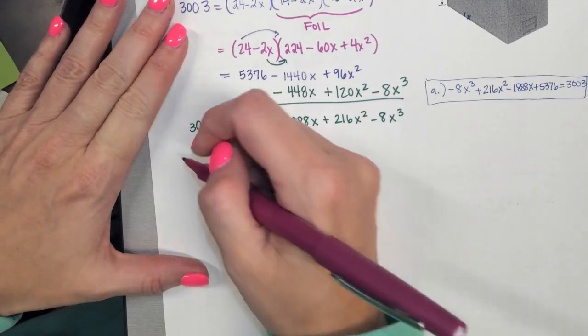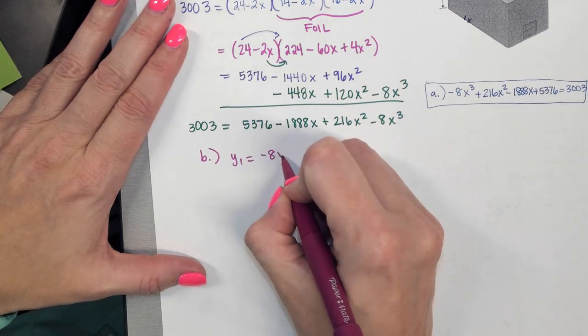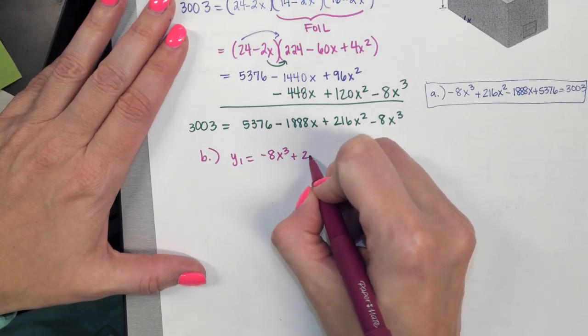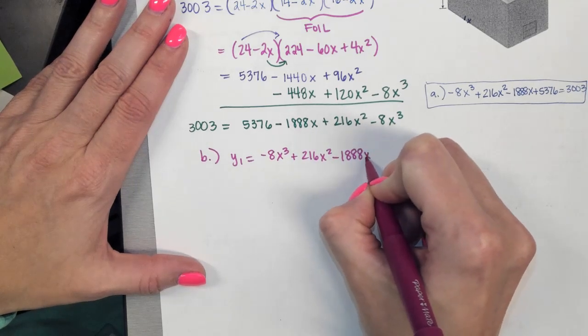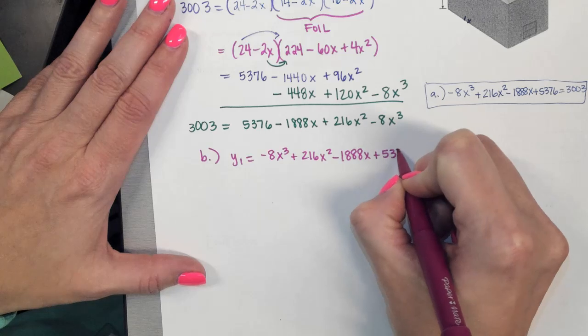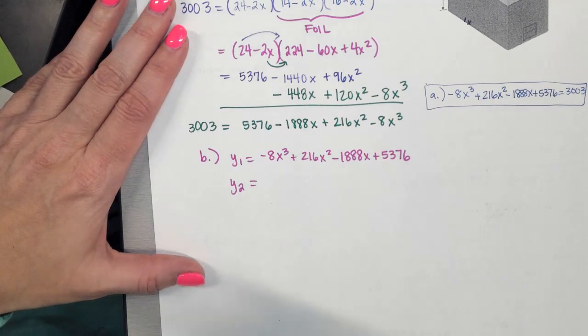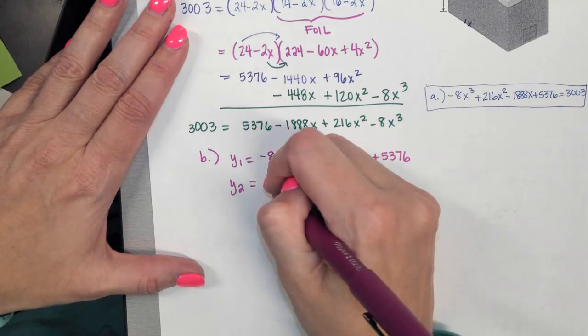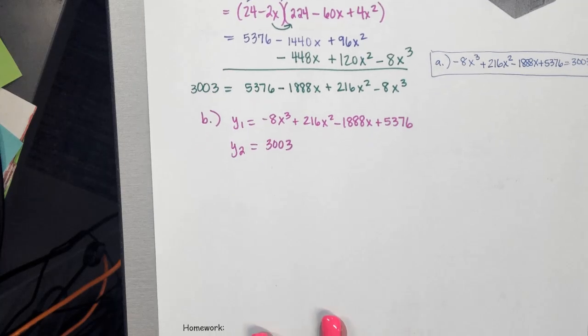Okay, so in our calculator, in y1, we're going to plug in the negative 8x cubed plus 216x squared minus 1888x plus 5376. And in our second one, it says write and solve a system. Okay, so a system has to be at least 2 equations.